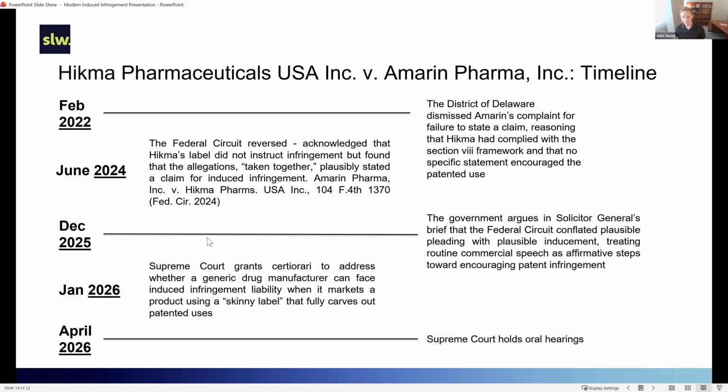Now it is in front of the Supreme Court to address the issue and maybe interpret the Federal Circuit's decisions or reverse them. And just a couple weeks ago, April 29, 2026, the Supreme Court held oral hearings for this case.